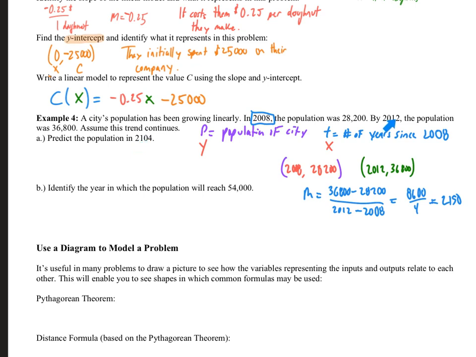So in 2 more years, right, from 2012 to 2014. That's not supposed to say that. I should say 2014. In 2 more years, how much more does it go up, right? So 2 times 2,150 would be 4,300.